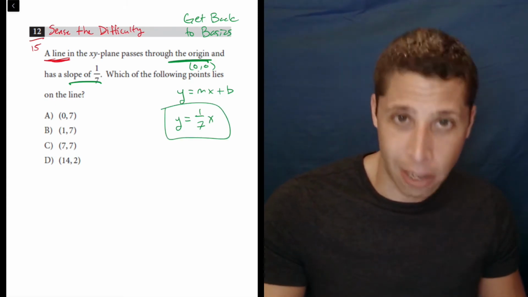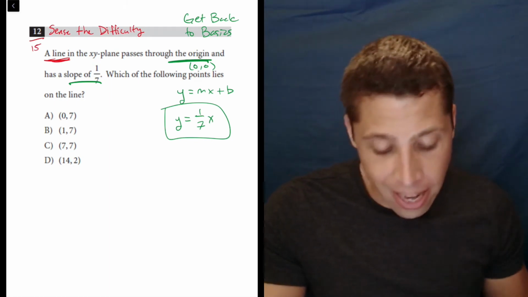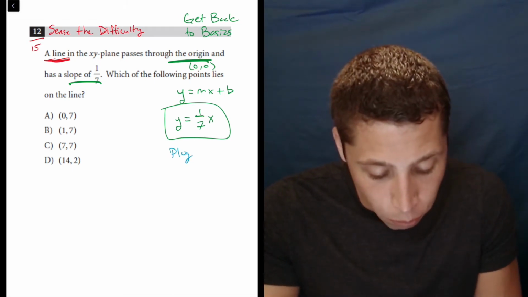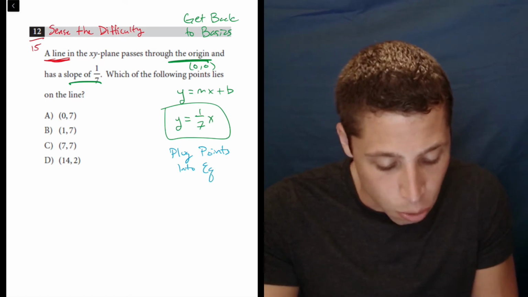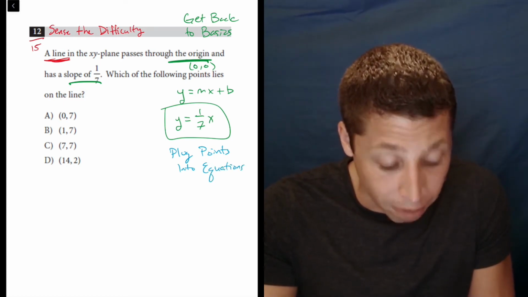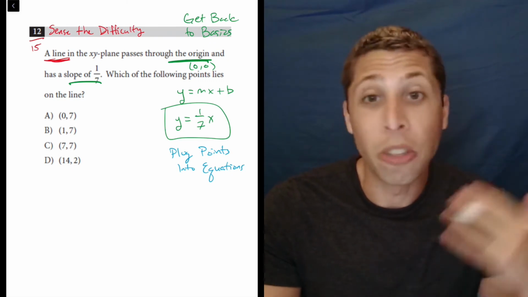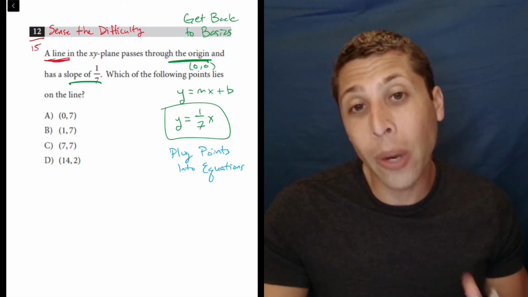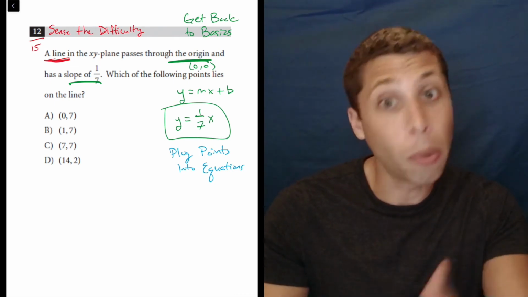Now, why does that help? Well, I can recognize instantly that another one of my strategies could be helpful here. I know that one of my strategies is to plug points into equations. If I have points and I have an equation, which I just made, I know to plug them in and see what happens, right? Now, even before I made that equation, I might have thought about that strategy, because I see that there are points in the choices.